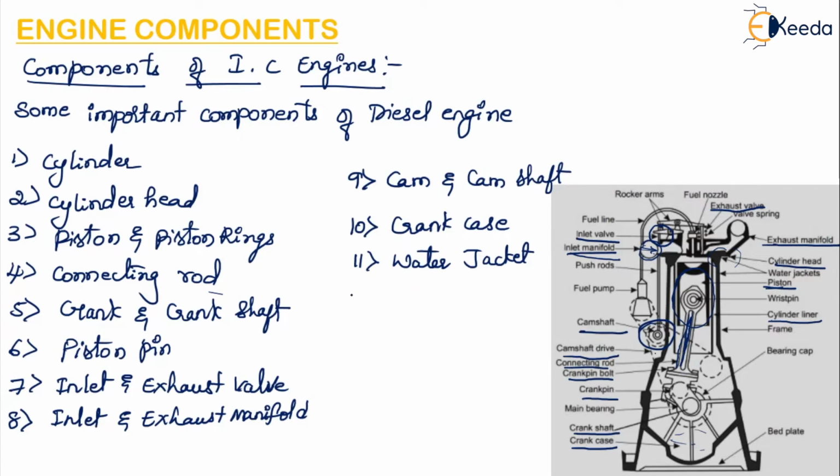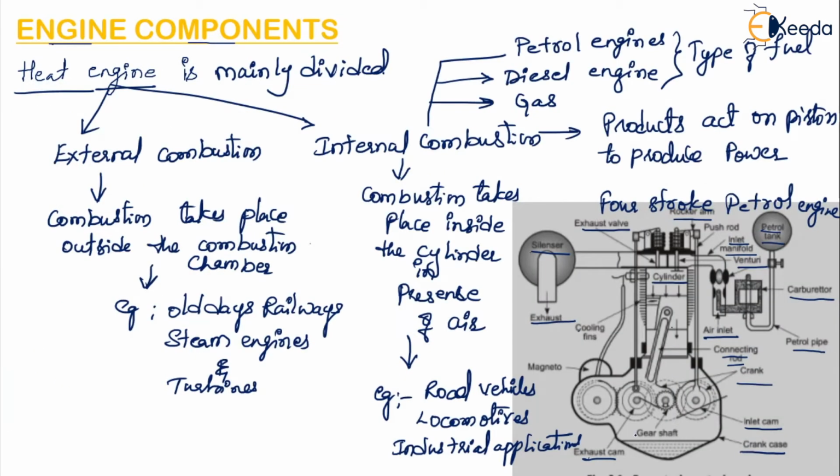Okay, then flywheel, then there is a governor and carburetor and spark plug. So here these things are present in the petrol engine. So this is the carburetor, okay, and they haven't mentioned the spark plug, okay.